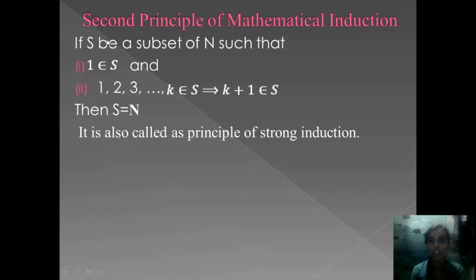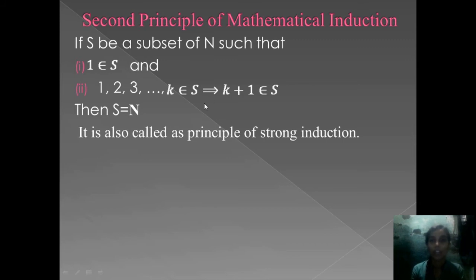That states that if S is a subset of N, the set of natural numbers, and 1 belongs to S, that is step 1, the first element for n equals 1 belongs to S, and if 1, 2, 3 up to k are in S, and this implies k plus 1 belongs to S, then S equals N. So we have to assume this statement for 1, 2, 3 up to k.